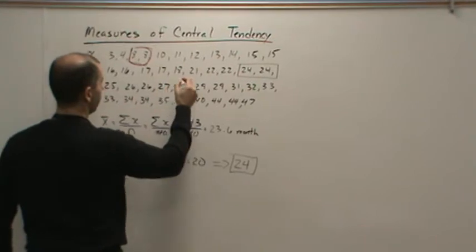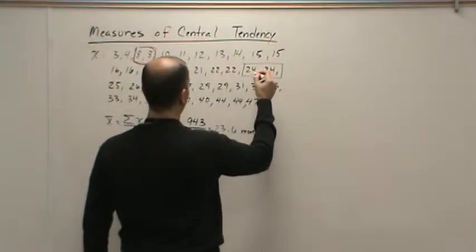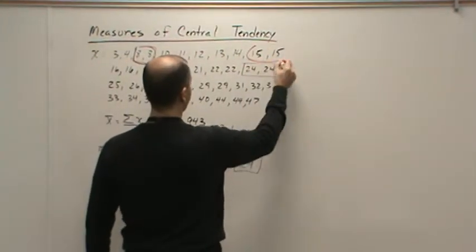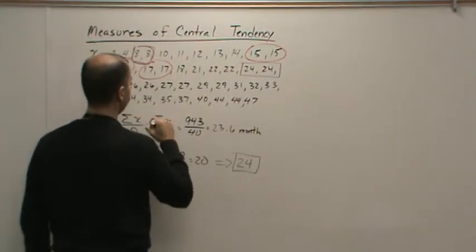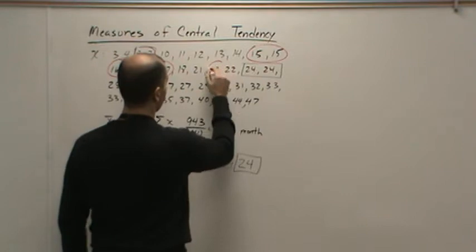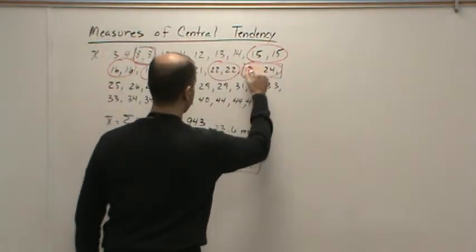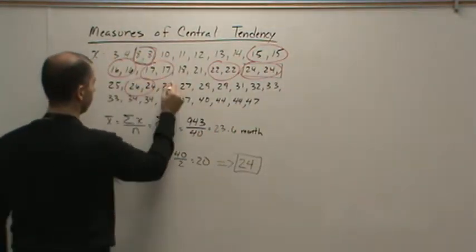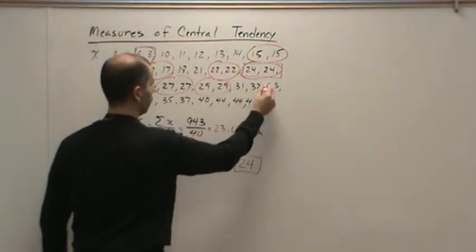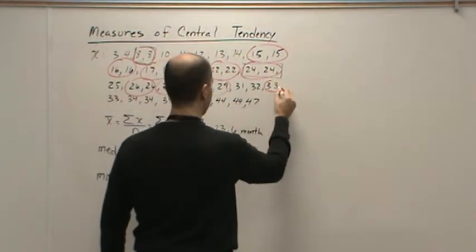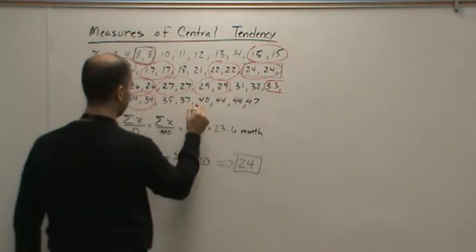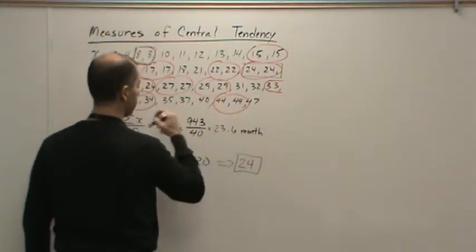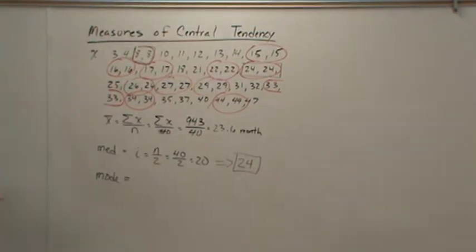So we've got 2 there. 2 here, 2 here, 2 here, 2 here, obviously 2 here, 2 here, 2 here, 2 here, and 2 here, 2 here, and 2 there. Okay, so lots of things.